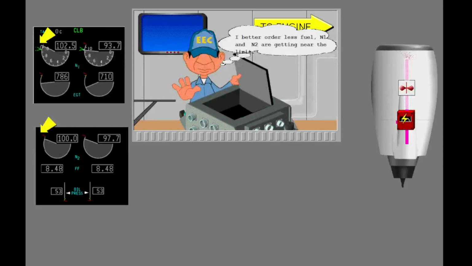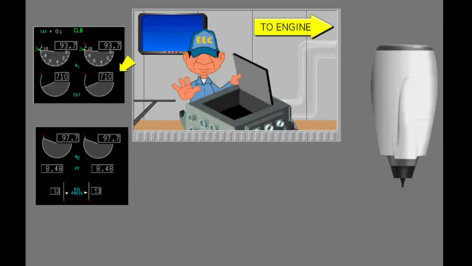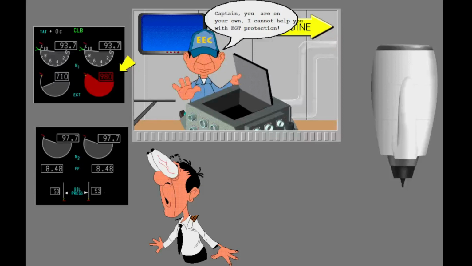If N1 or N2 goes near the red line, the EEC commands a decrease in fuel flow. However, you must monitor the EGT limit because the EEC does not supply EGT redline protection.